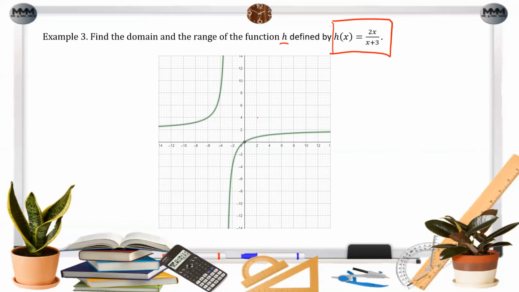An asymptote line means the curve will not touch the asymptotic line. So the red broken line is our asymptote.